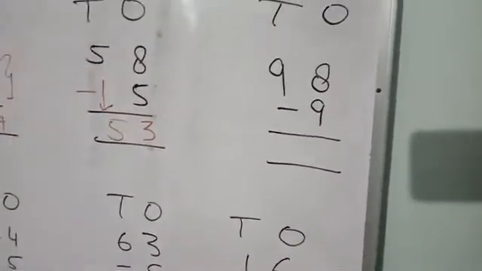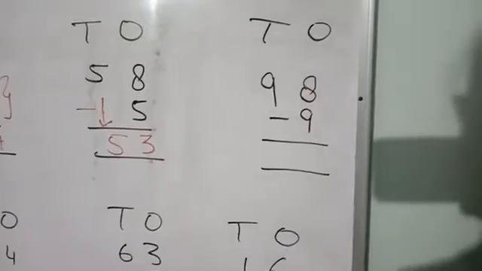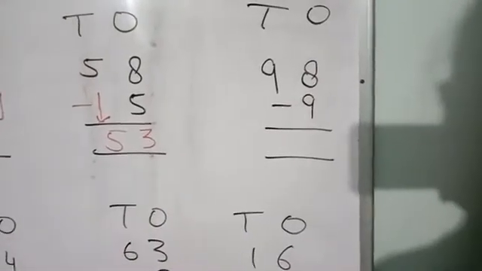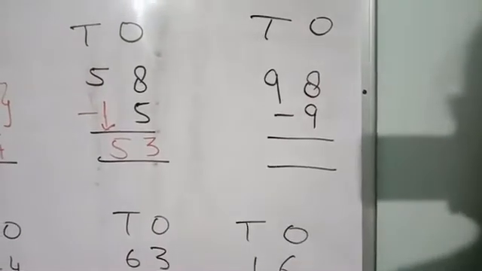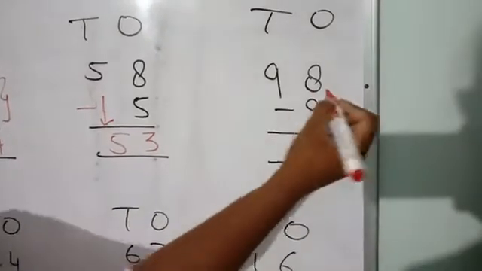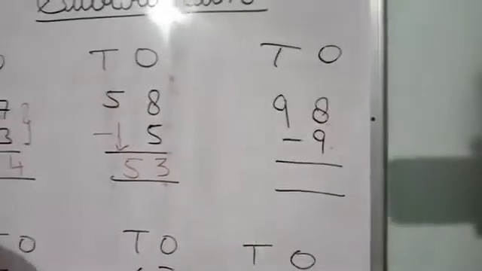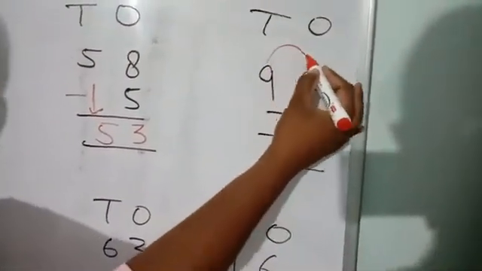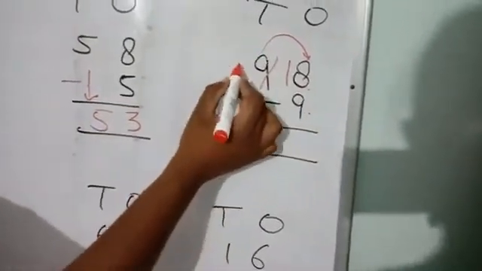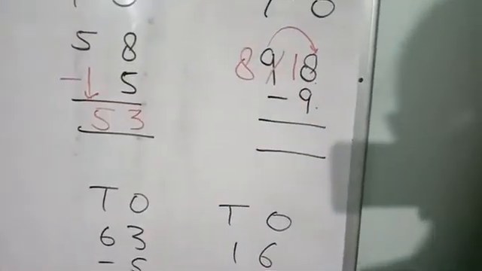Now see the next one, 8 minus 9. Is it possible to subtract 9 from 8? No, because 8 is smaller than 9. So what we have to do? We have to borrow from 9. So 8 will borrow from 9 and it becomes 18, and 9 will become 8.